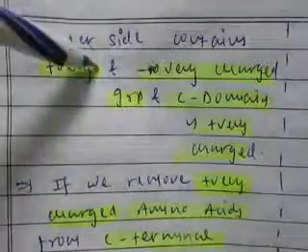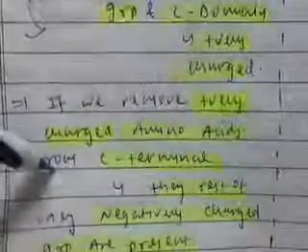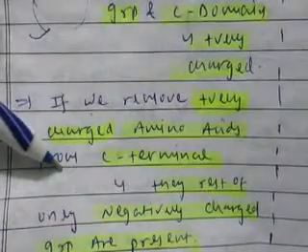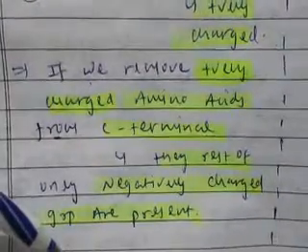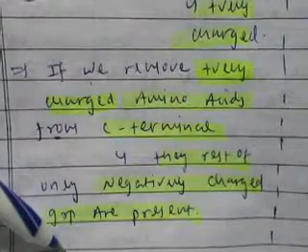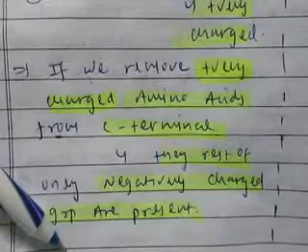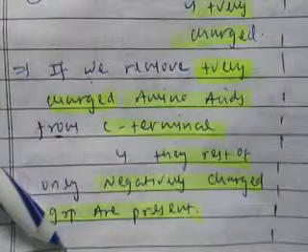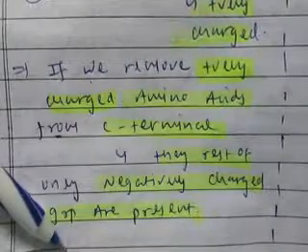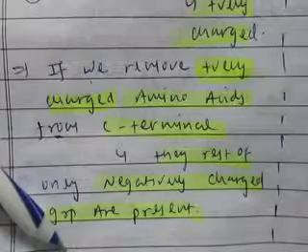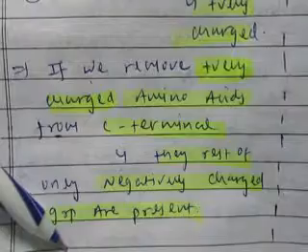So if we remove one by one these positively charged amino acids at the C terminal domain, meaning at the inner side region, then the rest of the negatively charged groups that are now present on the inner side get protonated and the protein is properly constituted, flanked by these transmembrane segments. So the outer side is positive in nature and the inner side becomes totally negative in nature.